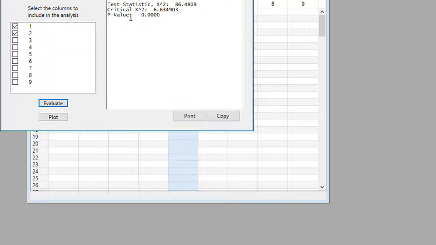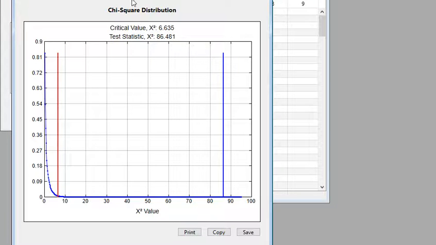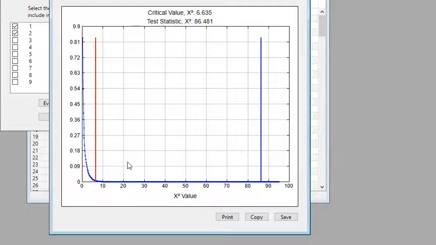What's happening is that your chi-square test says, all right, with 1 degree of freedom, we expect that the point with 1% of the area of the chi-squared distribution in the right tail is right here, 6.635.